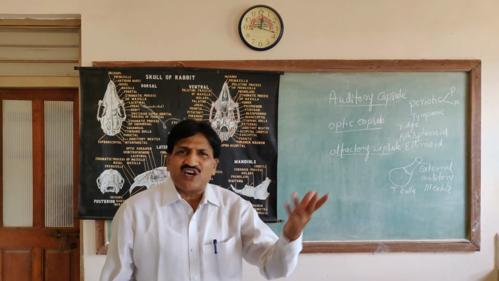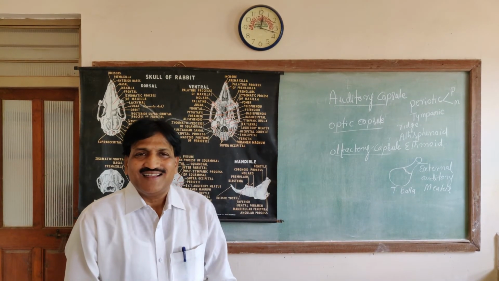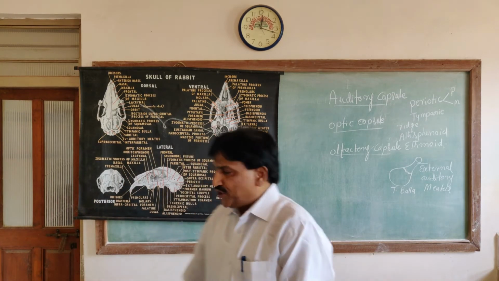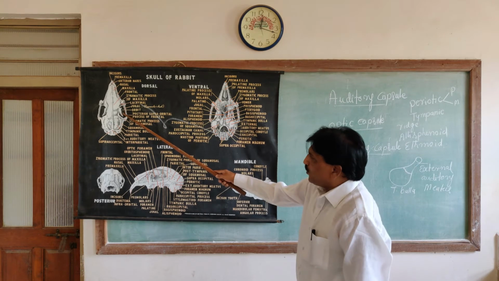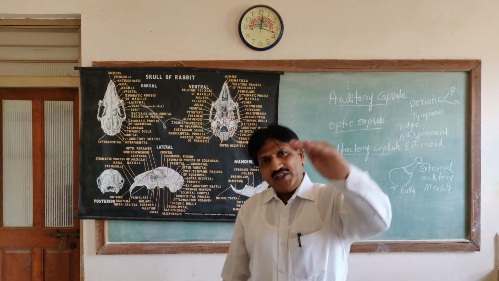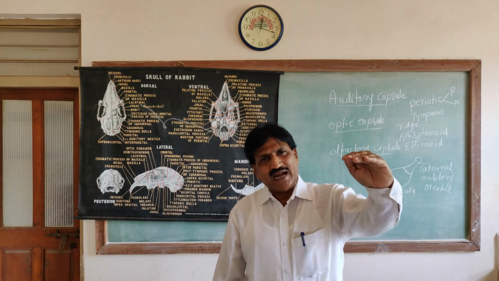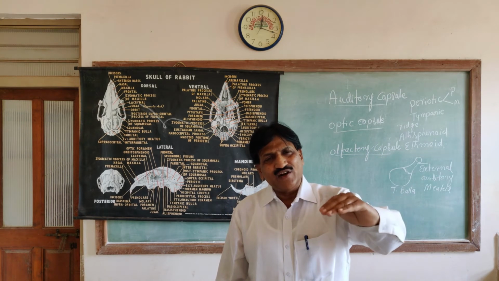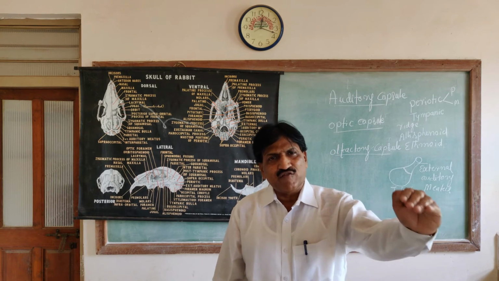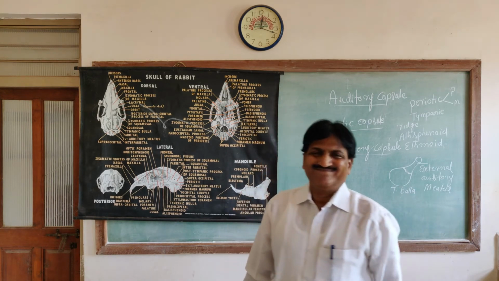What bones are present in the optic capsule? I already told you about the supraorbital ridges. Over the optic capsule is a ridge called the supraorbital ridge, derived from the frontal bone.